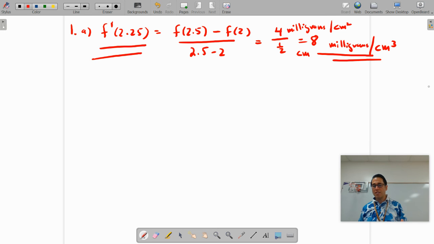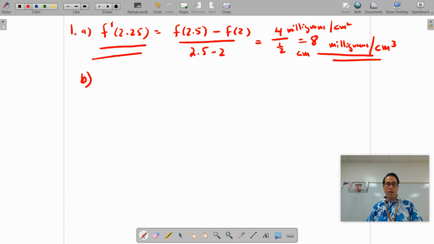Rather than write this out, I'll just say it for you, and hopefully you wrote down the same in your AP booklet: it is the density of the bacteria population in the circular petri dish. Since I got a positive 8, I would say it is increasing at 8 milligrams per centimeters cubed when the radius, not time this time because it's radius, is 2.25. Boom. My best guess is that would be worth 2 points, so you're 2 out of 2.